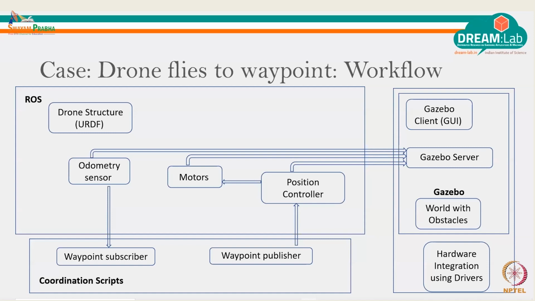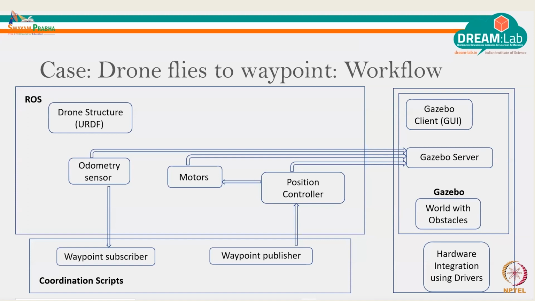The interaction between them is such that all these sensors and actuators, everything, are started as a different process. So let's say we have a sensor, the position sensor, then it reads the position of the drone at a particular position, and it sends it to the position controller. The publisher is sending the position to the position controller, and this position controller will determine what the speed of the different motors should be in order to reach that position in that particular time range.